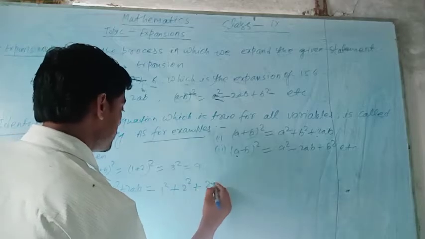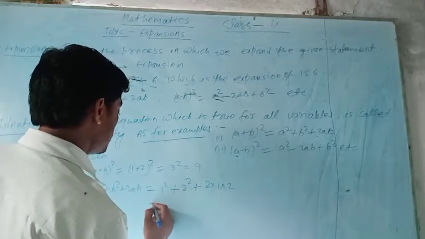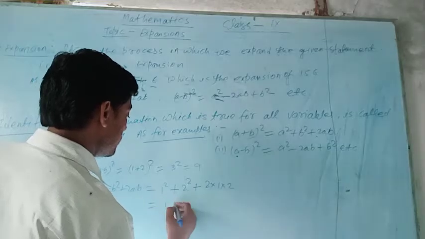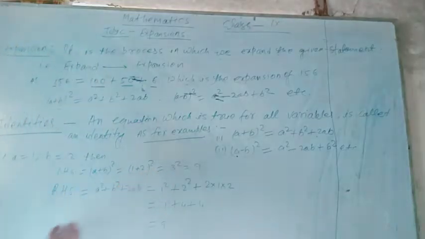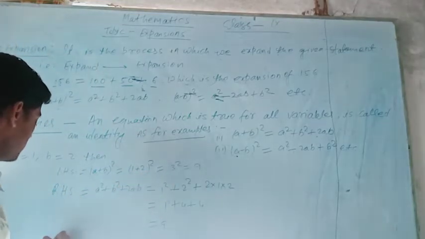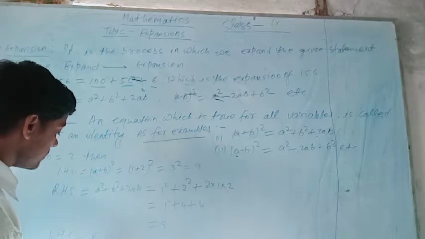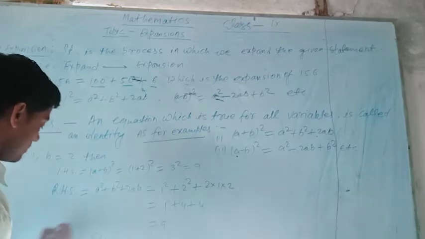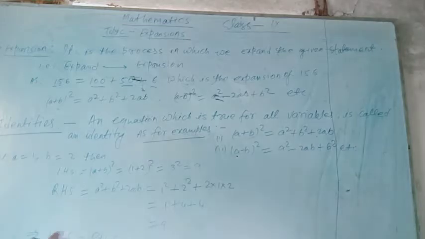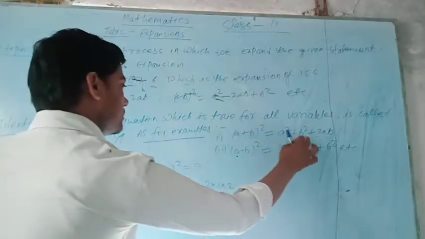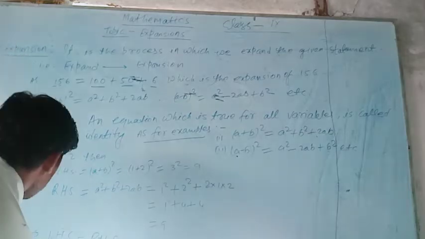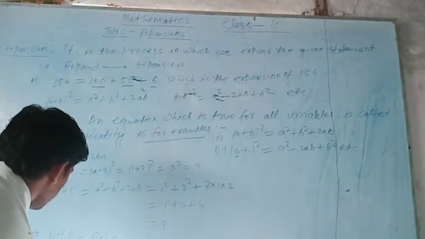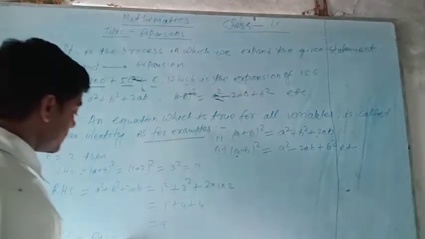Here LHS and RHS both are equal. LHS is equal to RHS. So (a plus b) whole square is equal to a square plus b square plus 2ab is an identity. This implies that (a plus b) whole square is equal to a square plus 2ab plus b square is an identity.